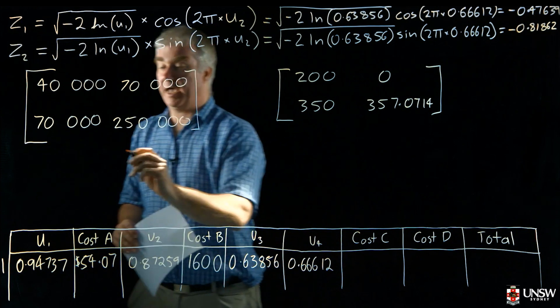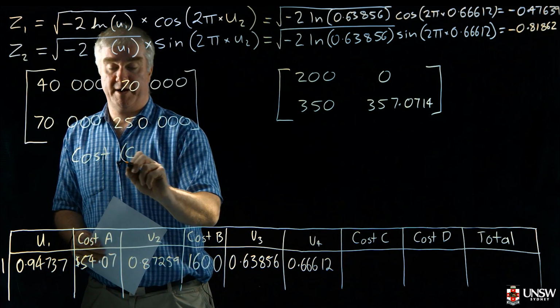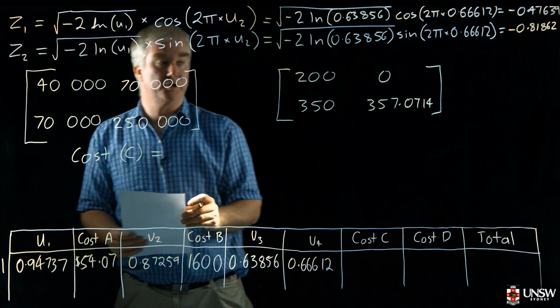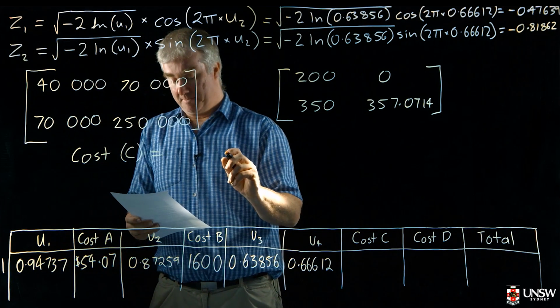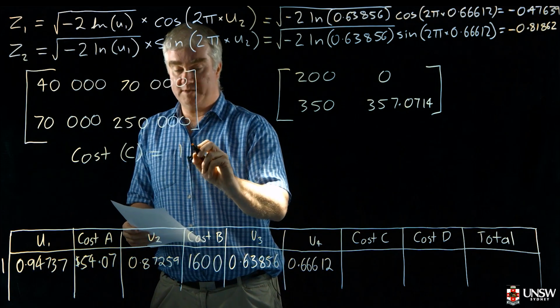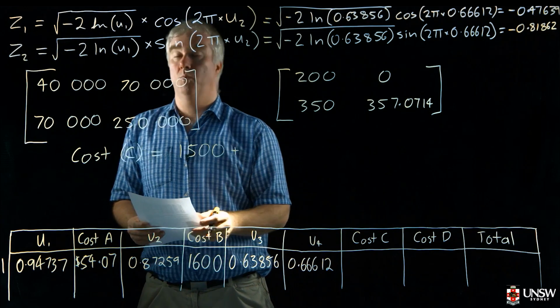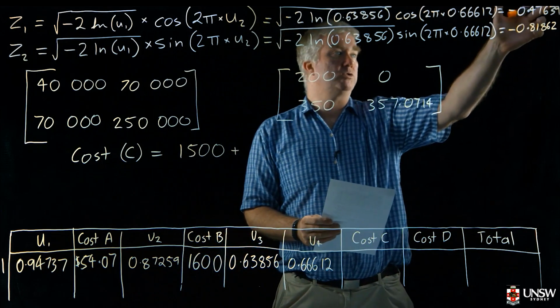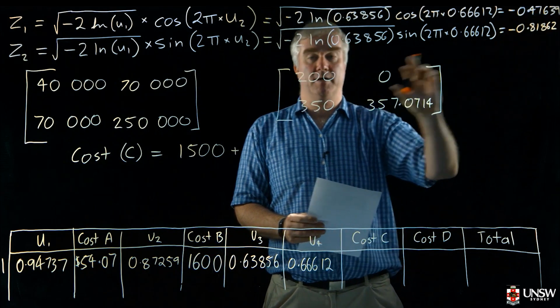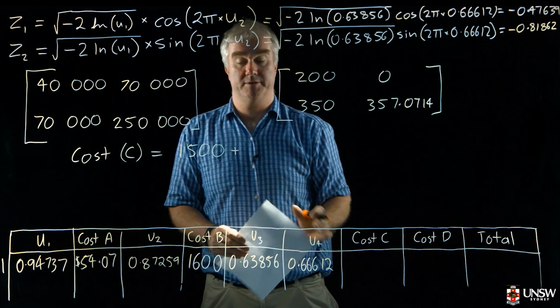So, for the activity C, the cost for activity C is equal to, well, first of all, the mean value has stayed the same, and the mean value was $1,500. Now, when we multiply the vector, what we're essentially doing is multiplying this vector by this vector to get the part that goes into C.